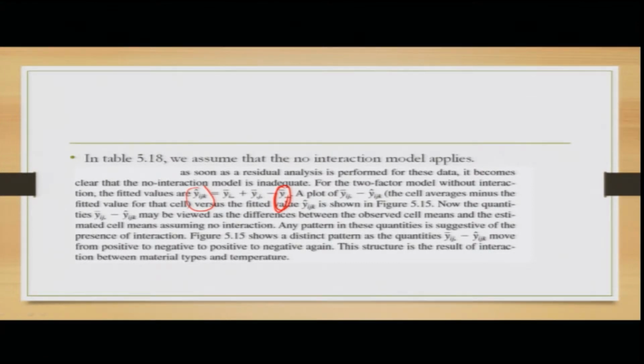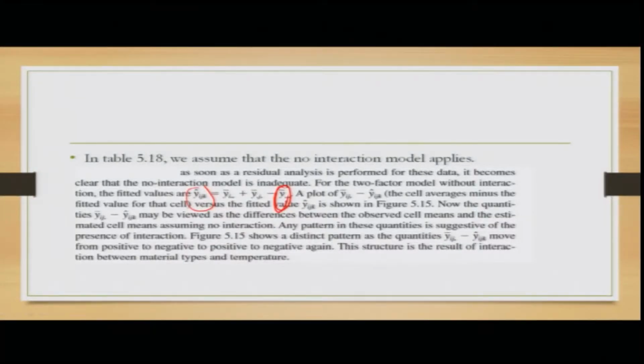Now, the quantities which we found may be viewed as the difference between the observed cell and the estimated cell, assuming no interaction is there. If there is no interaction, technically we are assuming the combined effect of A and B is 0.